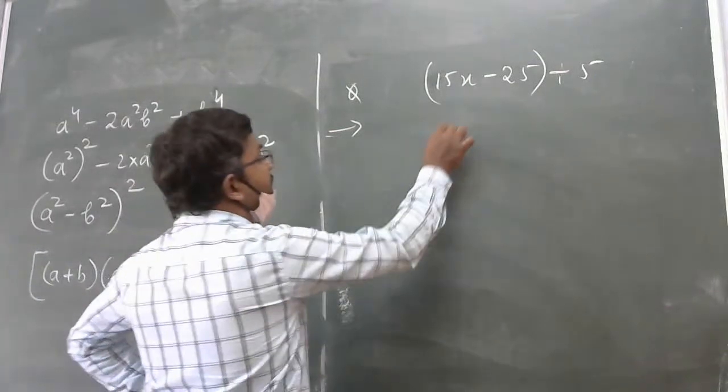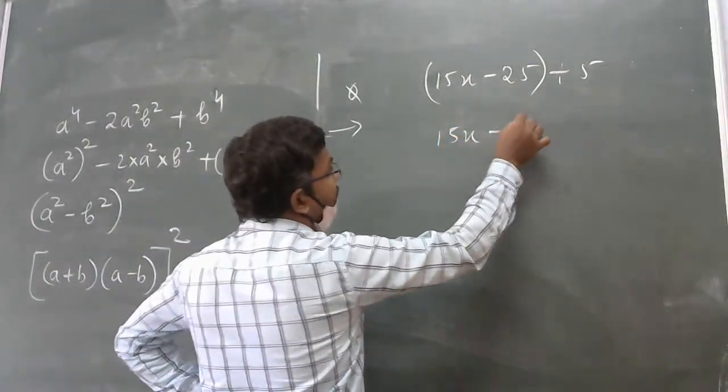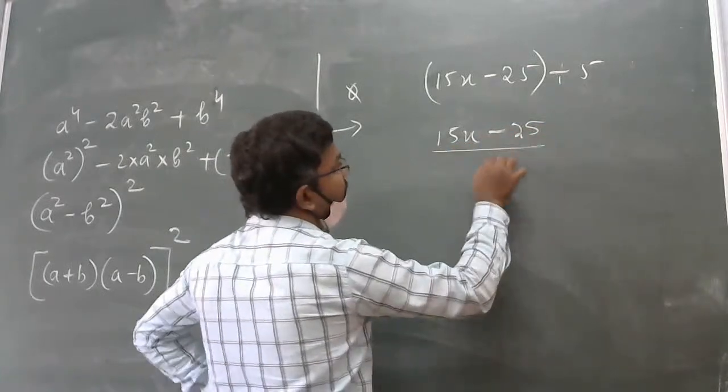So it is 15x minus 25 whole divided by 5.